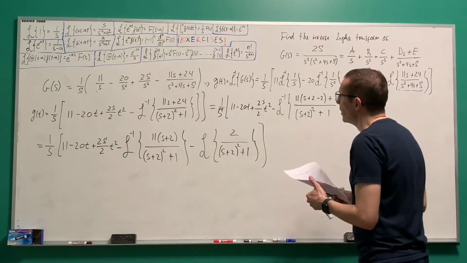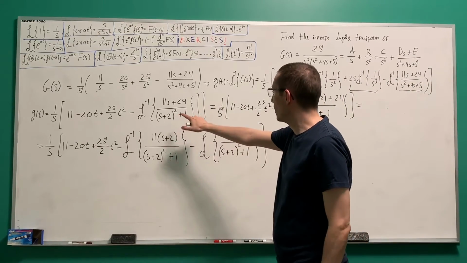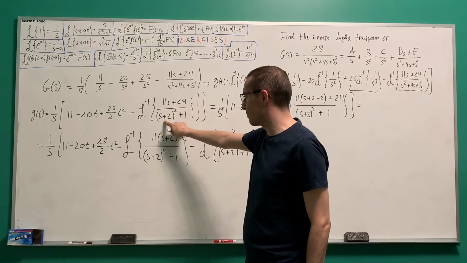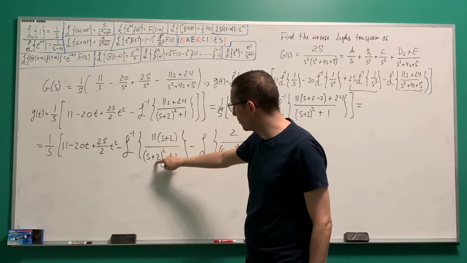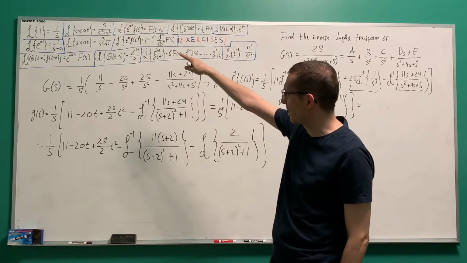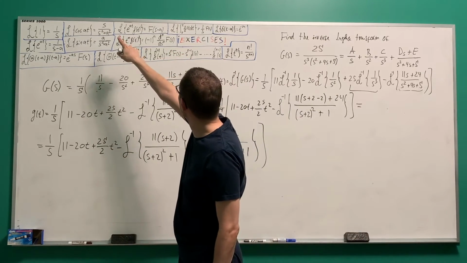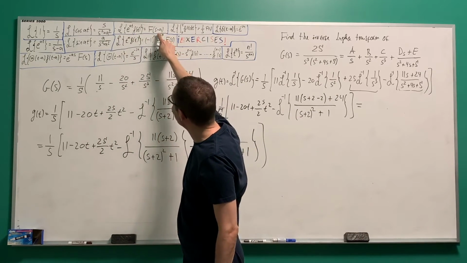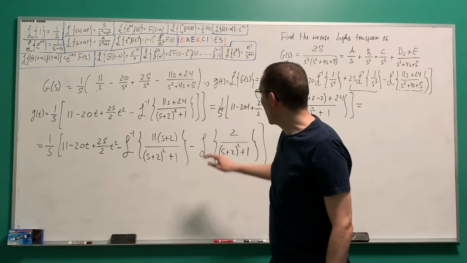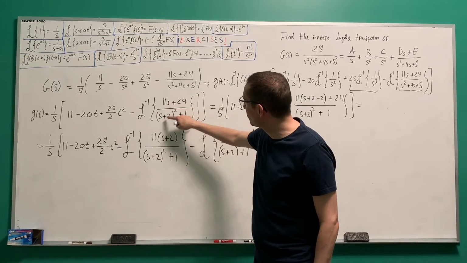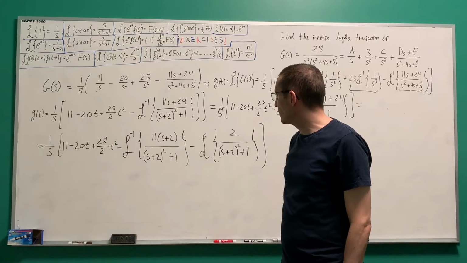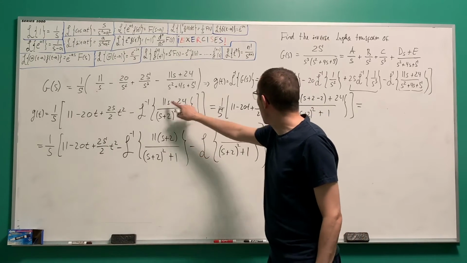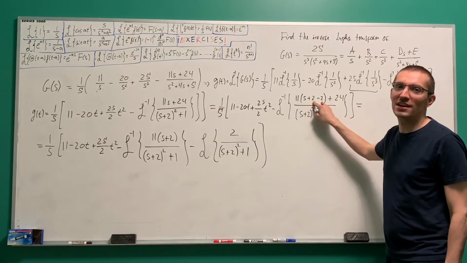What I did is, okay, I was here and I thought, I don't need an s here, I need an s plus 2 to have the same variable in the numerator and denominator to get something that may look like the cosine, perhaps displaced, but the cosine. I need to have the same displacement in the numerator and the denominator. All right, how do I get that? Well, I add plus 2 and minus 2, that's doing nothing.